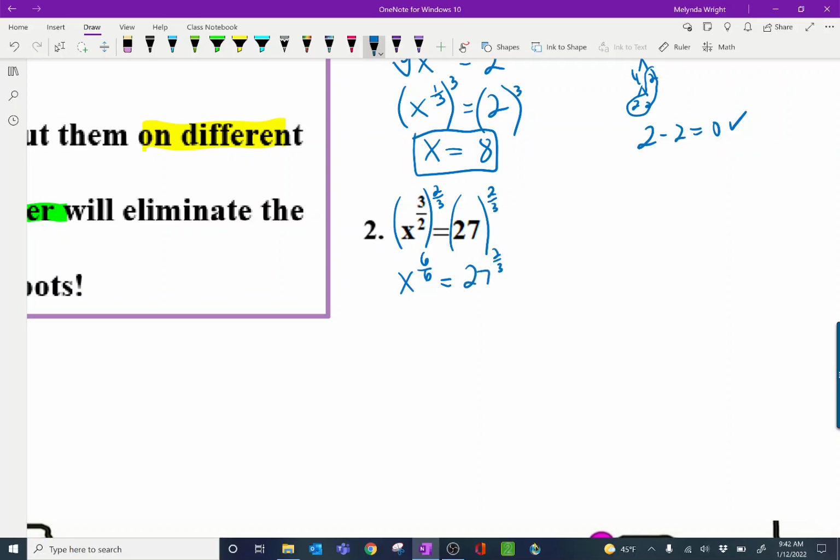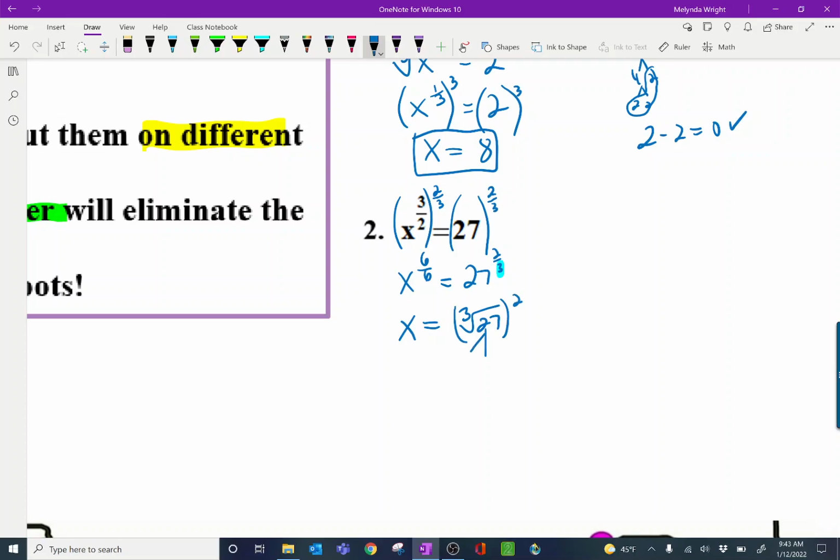Now, we might want to put this number in radical form, so maybe that will help us, the 27, help us understand what to do. So I have x equals, let's see, just a reminder, remember this bottom, the denominator, is what kind of root we have. So this is the cubed root of 27, and that is squared.